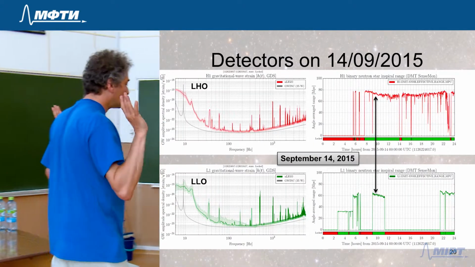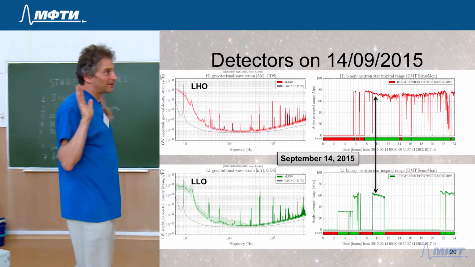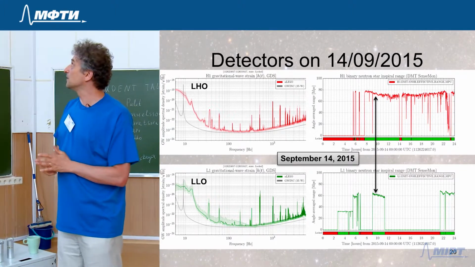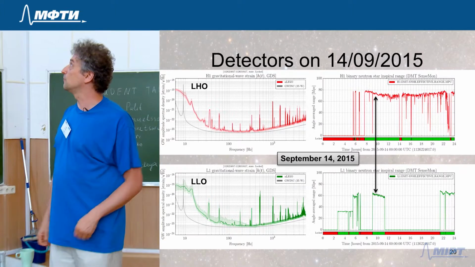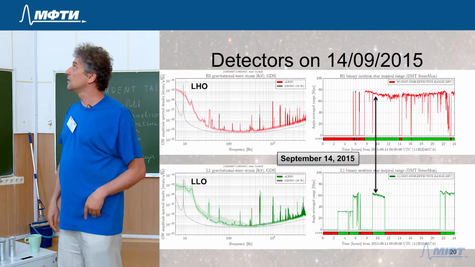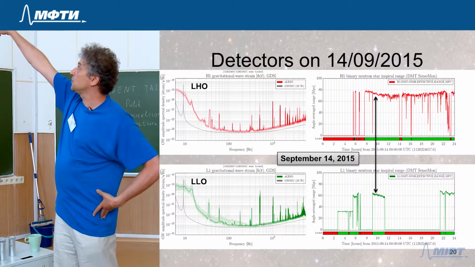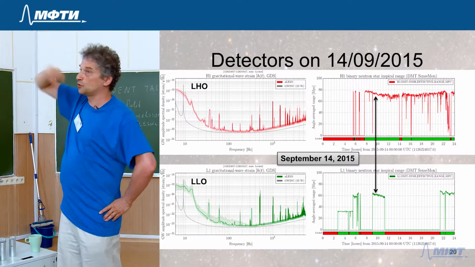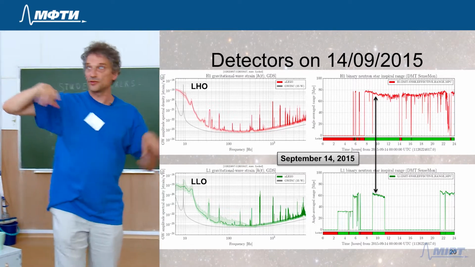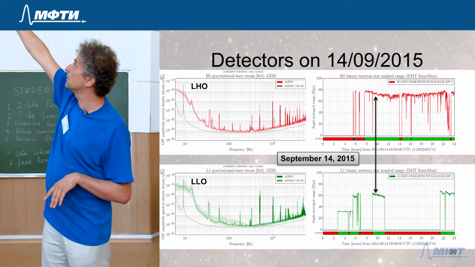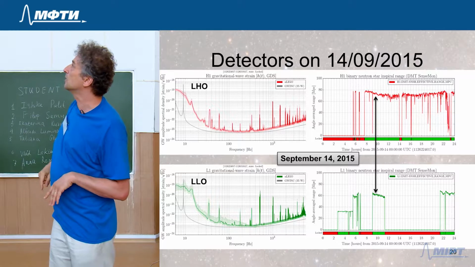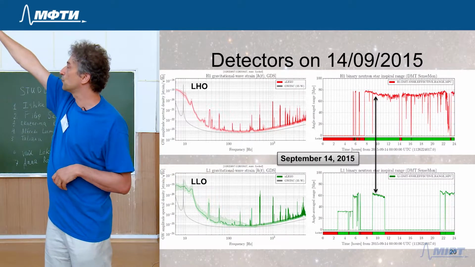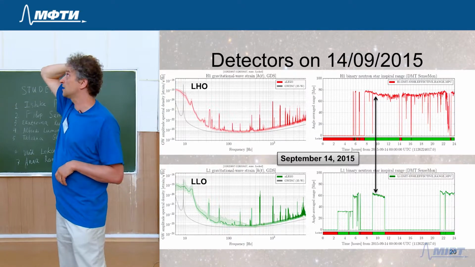Okay, now the detection of a pair of black holes happened on September 14, 2015. On the left-hand side, you see the power in the 2 interferometers. The upper interferometer is in Hanford in Washington, and the lower interferometer is in Livingston in Louisiana.